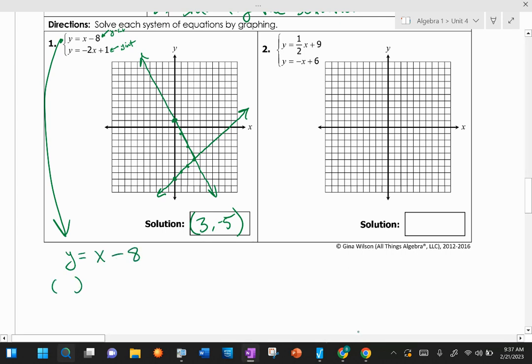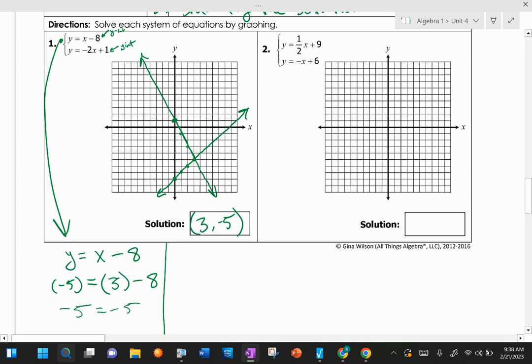What am I plugging in for y? -5. And what am I plugging in for x? 3. Now I just simplify. I've got -5 on the left. 3 minus 8 on the right is -5. Is that true? Yes. So it works for the top one.